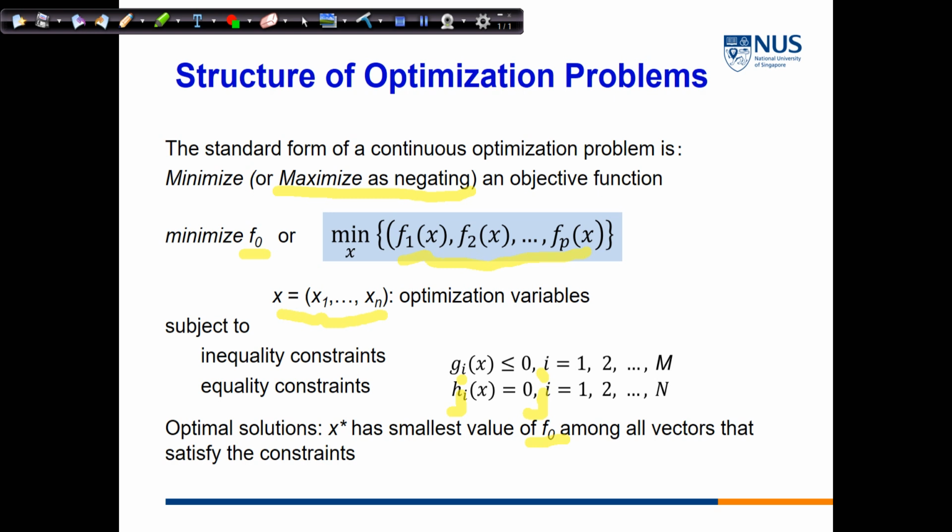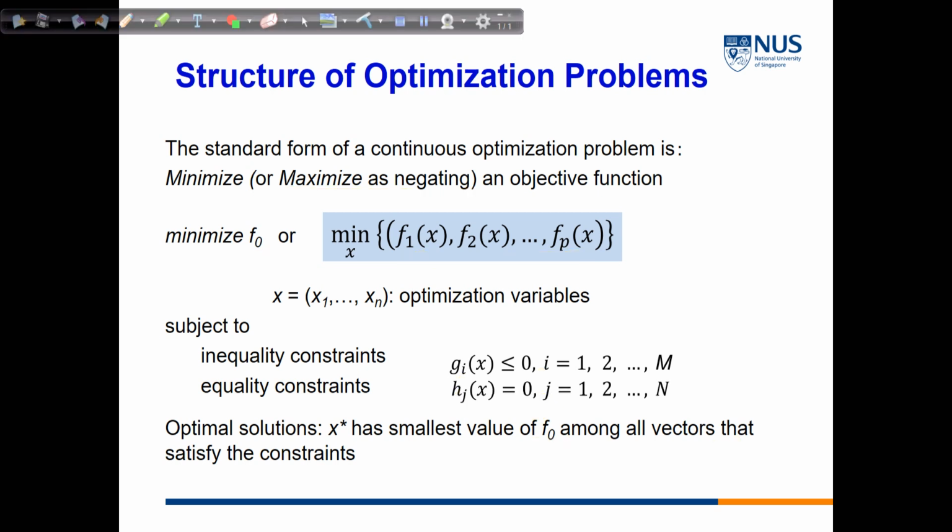So all the vectors of x that satisfy the constraints, we call it a feasible region. So among the feasible region, all constraints are satisfied. So any points within this region will be feasible solutions. But because it's continuous, you are not able to evaluate every point within this. It's infinite. So the strategy to solve the optimization is to give you the f value among the feasible region that gives the smallest value of f. So that is the way we solve the optimization problem.